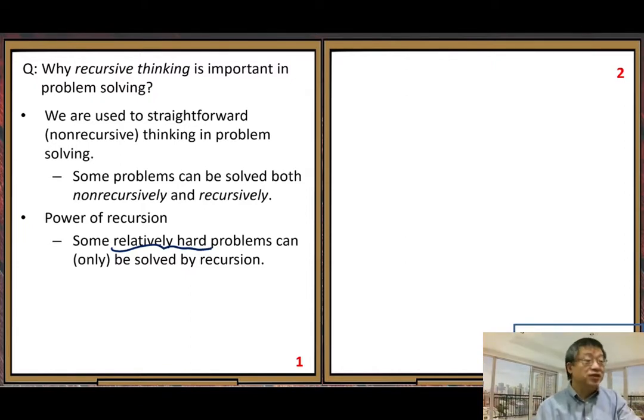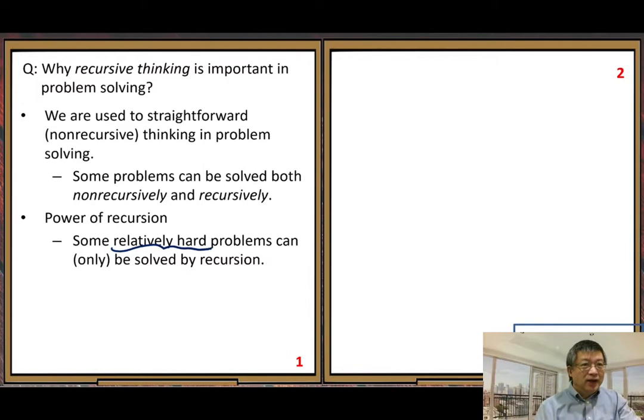Although you can use recursion, you may not get a good result. But for relatively hard problems, the recursion method is more and more important. All right, so we will see that point quickly.